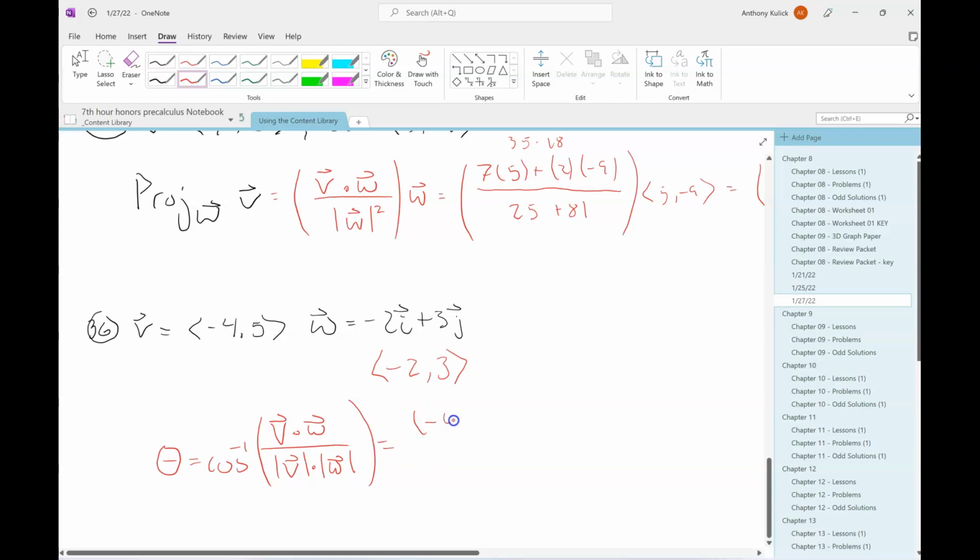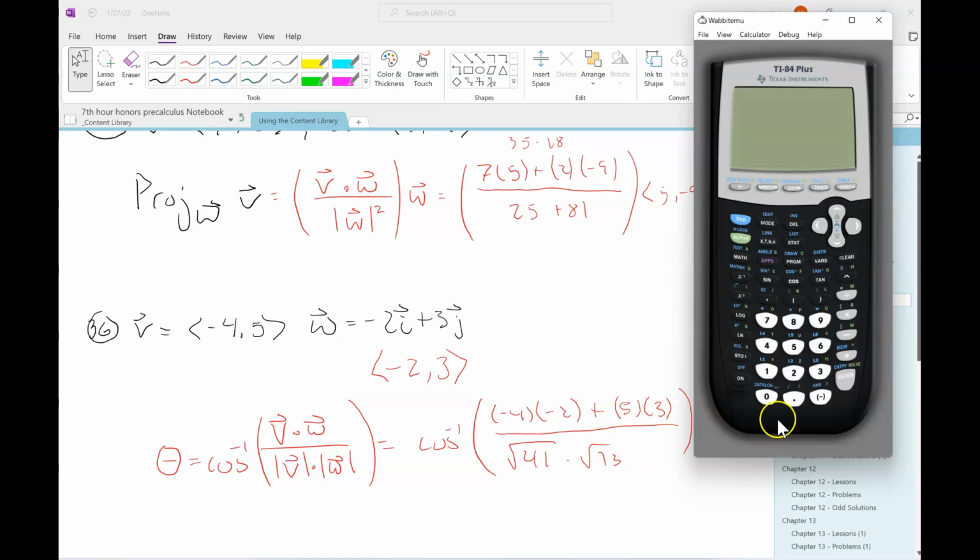So here we have cosine inverse, -4 times -2 plus 5 times 3 divided by 16 plus 5 is 41, and 4 plus 9 is 13. And then it's just calculator time.